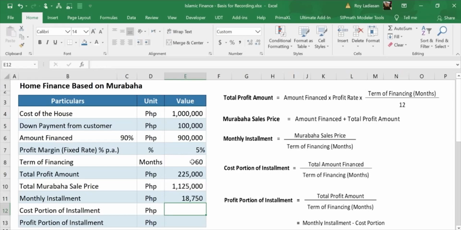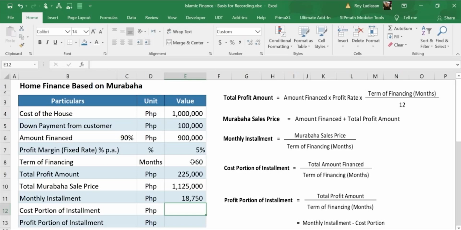As we determined, the monthly installment is actually composed of the cost portion of such installment and the profit portion. So we need to determine the cost and the profit components of the monthly installment.